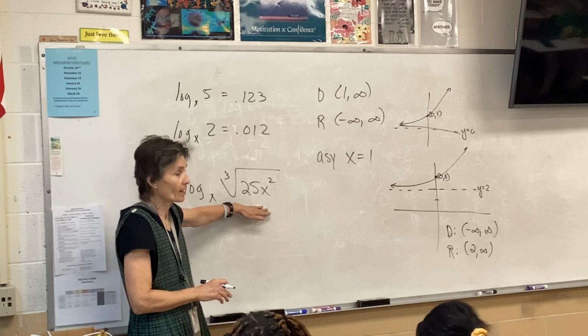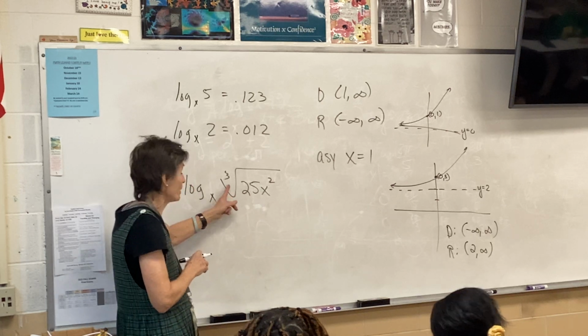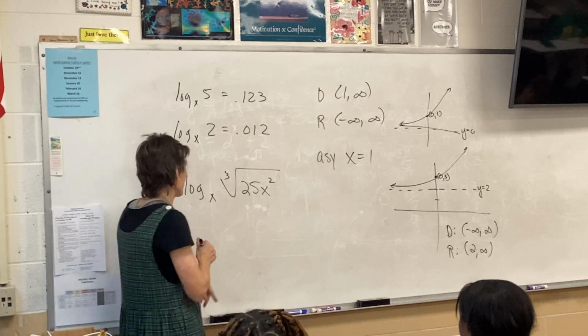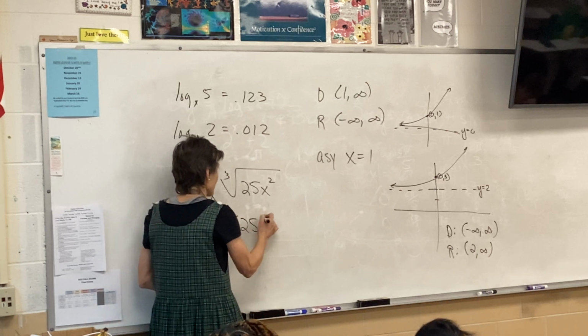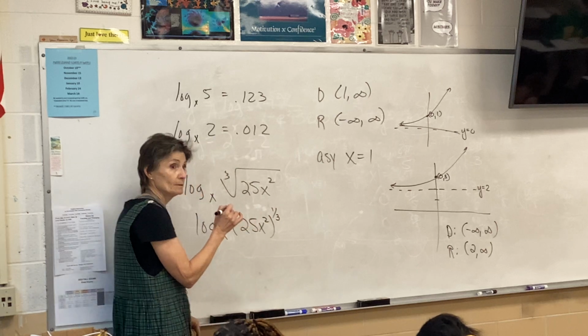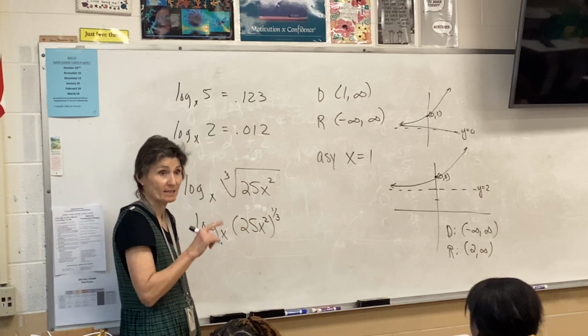That's what you've got to do. You've got to take care of business here. So, what are you going to do with the cube root? Make it an exponent. So this is the log base x of 25x squared to the 1/3. Not to the third, it's a cube root. Roots are fractional exponents, right?